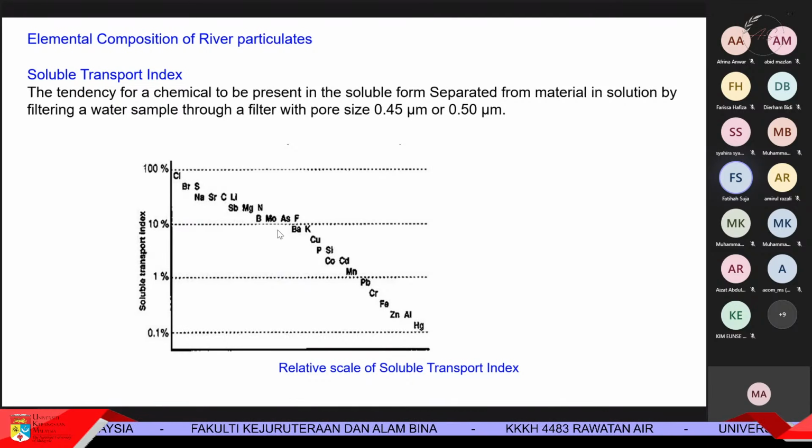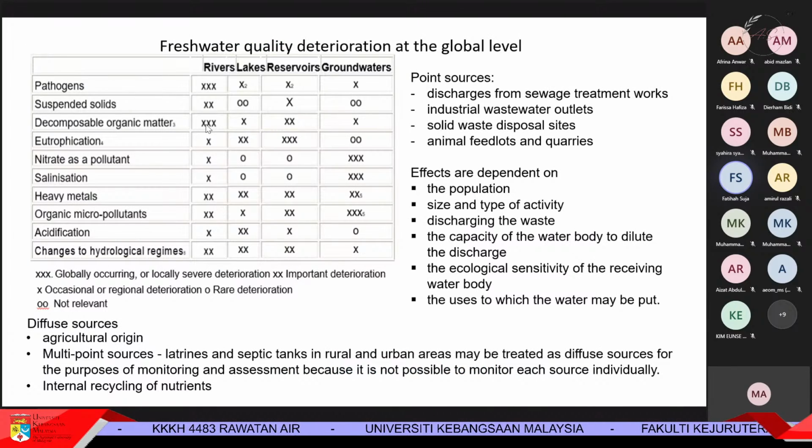They all have pathogens. Suspended solids, rivers, reservoirs. Decomposable organic matter, you can see that rivers, reservoirs, lakes and groundwaters. Eutrophication, lakes, reservoirs and rivers. Nitrate as a pollutant, groundwater. So when you look at the characteristics of the water source that you want to treat, you look at the nitrate if you use groundwater.